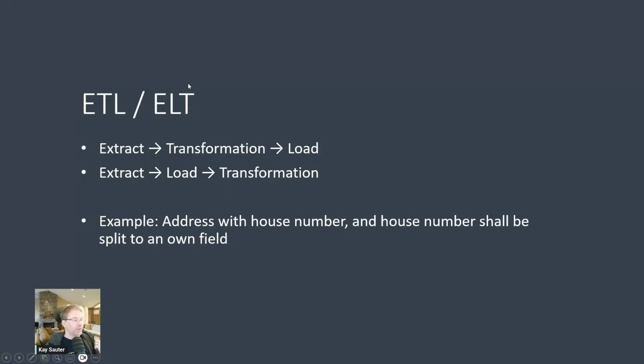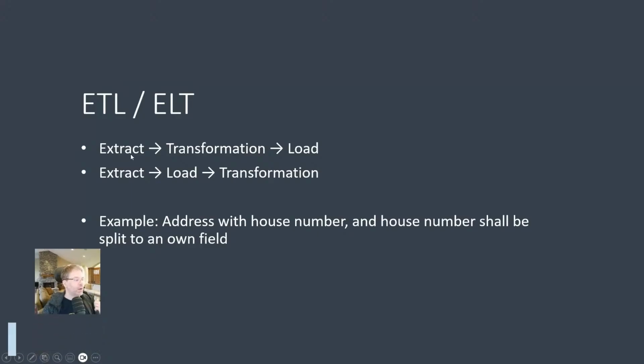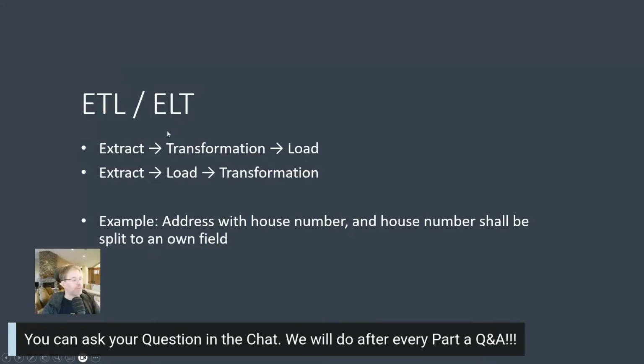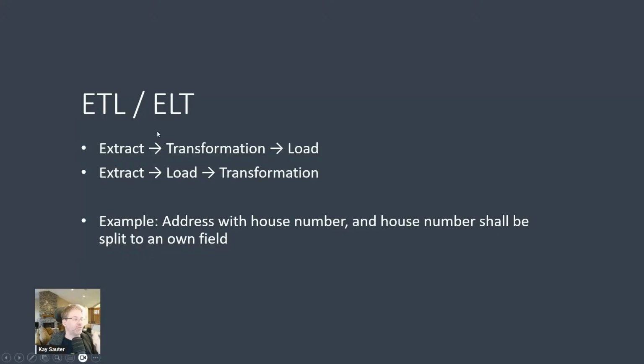A lot of people say, and I agree to this, actually there's no difference, because if you think about it, if you're smart enough to just have some small transformation that is not worth to load, for example, let's say you have a CSV file that you want to load with 100 columns, but you only need 50, and you know that you will never use all 100 columns, then you actually also just can say, okay, I want to only load those I really need and do the transformation later.